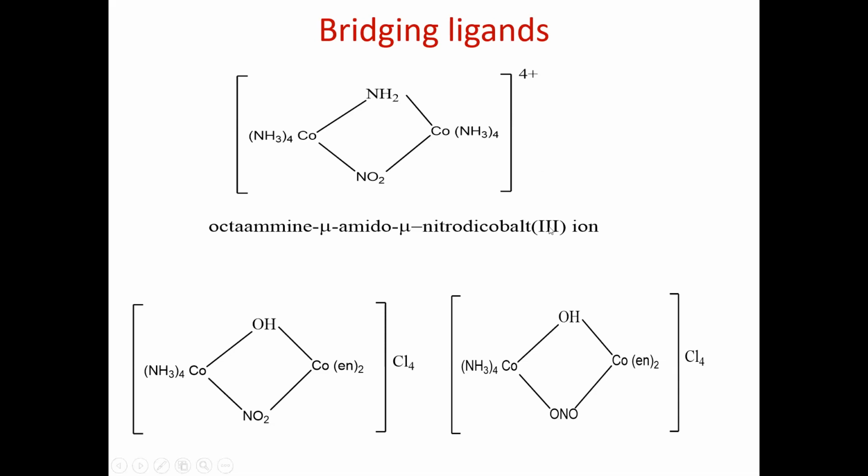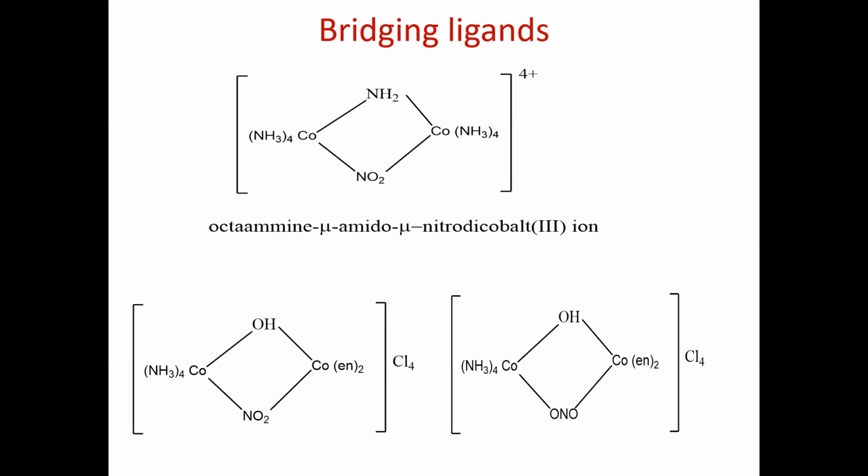So how did we get 3? Calculate, everybody, and tell me how we got 3. The nitro is -1. The ammonia ligands are all neutral, so 0. What about amido? Amido is -1.